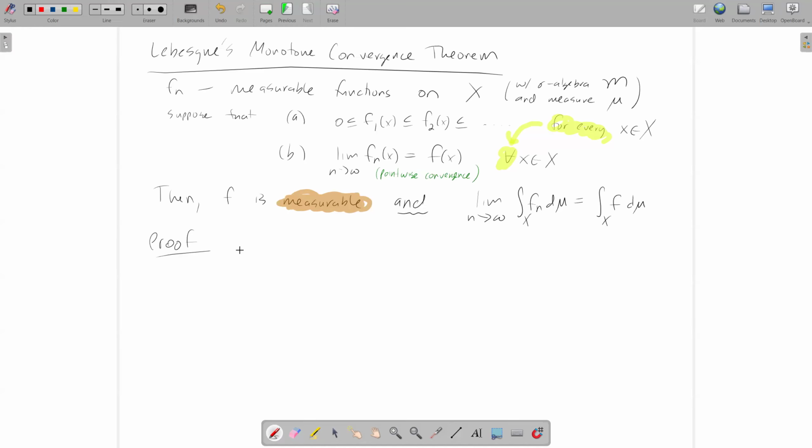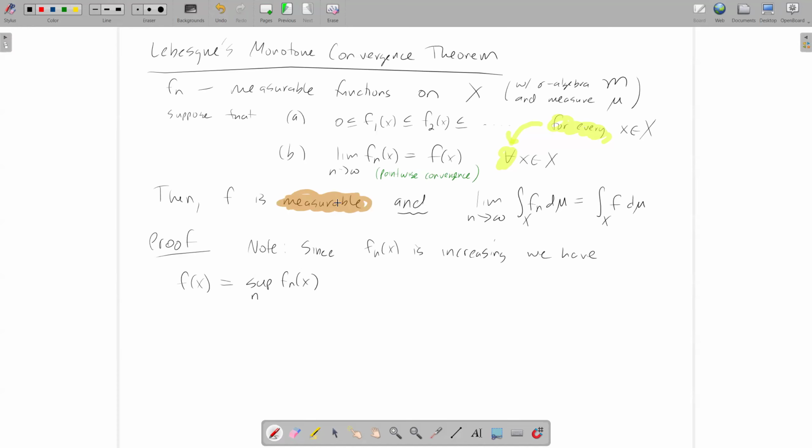Note that since Fn of x is increasing, we have that f of x is equal to the supremum over n of Fn of x.